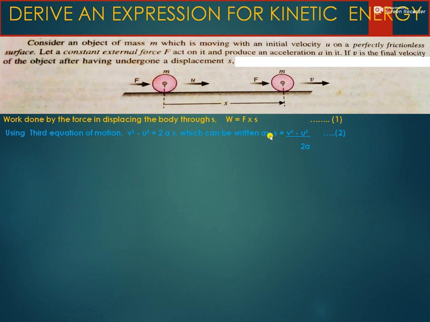Here s is equal to, this 2a will be transposed to the other side, so it is multiplied here and will be divided there. So we get the equation s is equal to v square minus u square upon 2a. Now we have a quantity which can be substituted instead of s. Similarly, we want a quantity which must be substituted for F.